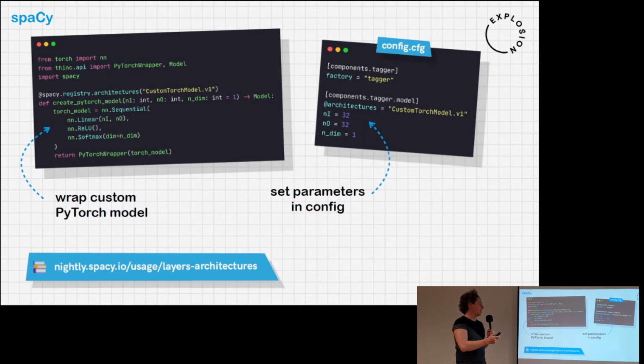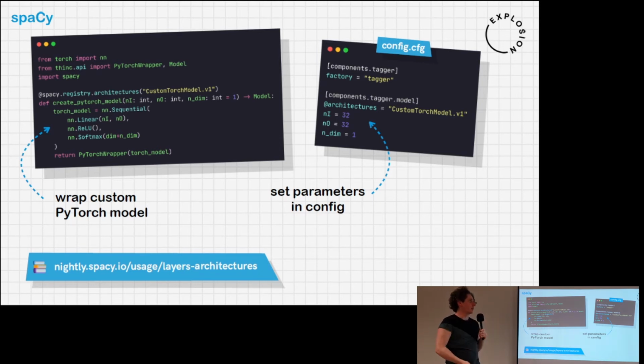And the magic here is this PyTorch wrapper, which presents to spaCy a common API standard that spaCy expects, and the PyTorch model is contained within that, so the gradients and outputs will be passed into and out of that, so that it's able to learn from the data.